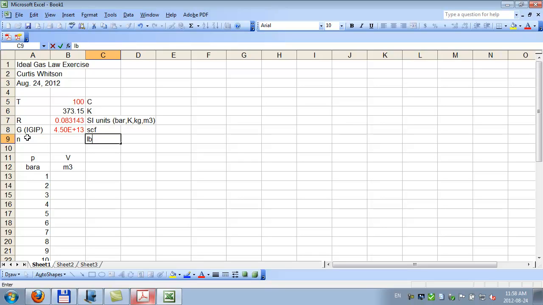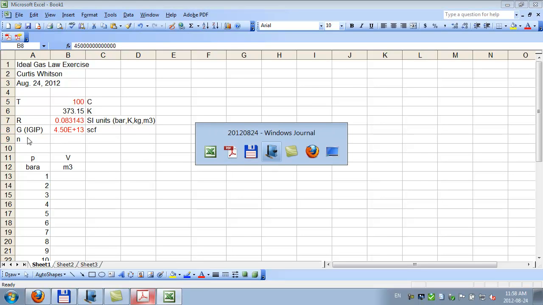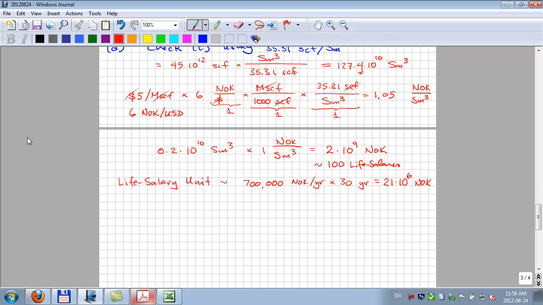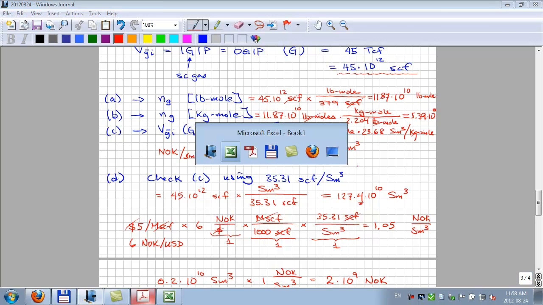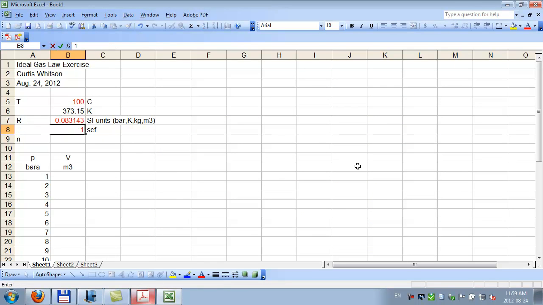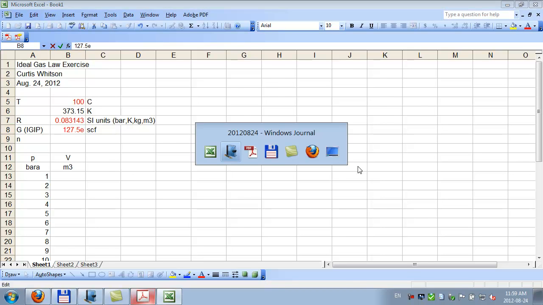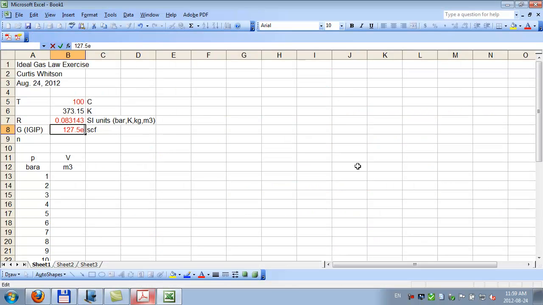So instead of the 45, we could put in our number from the calculations here, though we have 2 numbers. 127.6. You like it better? You like the average? I'm not sure what to pick. 127.5. Let's take that. 127.5 10 to the, what was it? 10th?